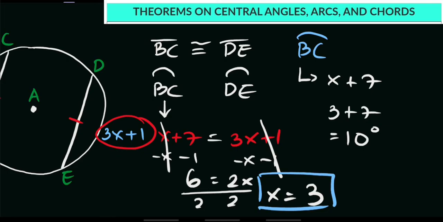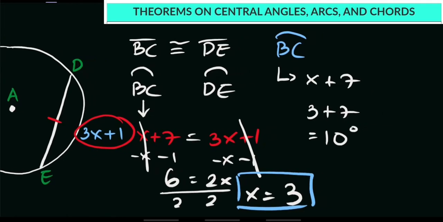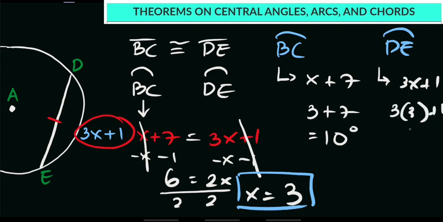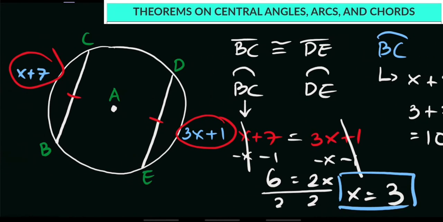Next, for DE, the value is 3x plus 1. Since x is 3, that is 3 times 3 plus 1. 3 times 3 is 9, plus 1, that is also equal to 10 degrees. Again, they contain the same measurement. So that is for question number 4.